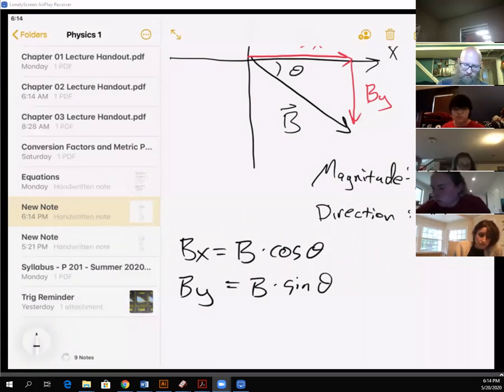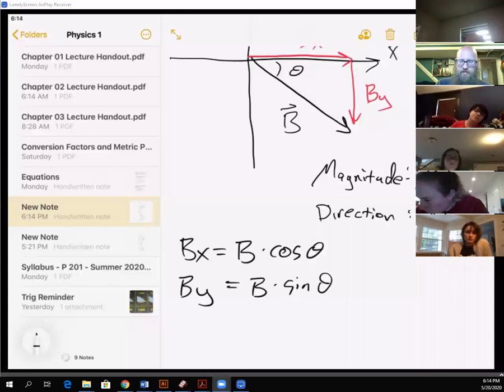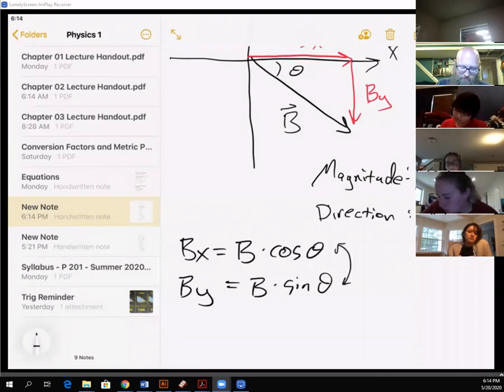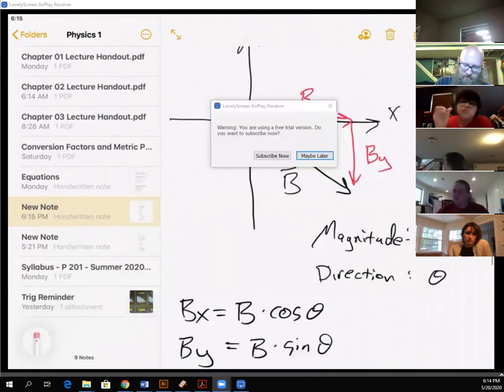You have to make sure that your angle is defined to an x-axis. Again, I did an example in one of the videos that swaps these. The x and y components of the acceleration were reversed, the sine and the cosine reversed, and that had to do with how that angle was defined. But if you just do SOHCAHTOA every time, you'll be fine. Theta is adjacent to the x component, so it's going to give me a cosine, and it's opposite to the y component.